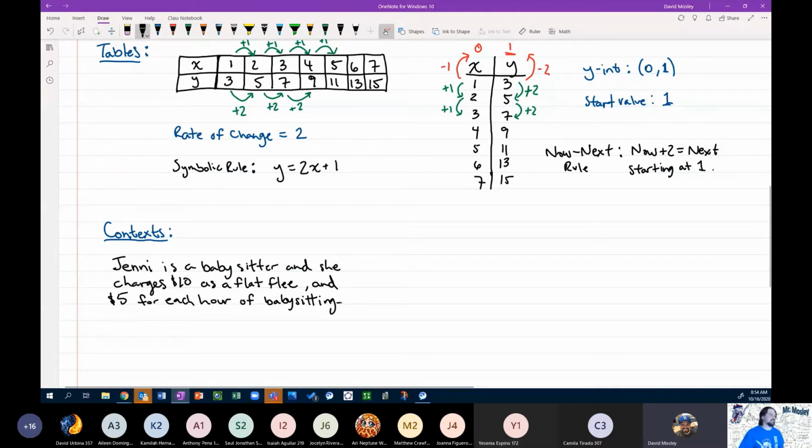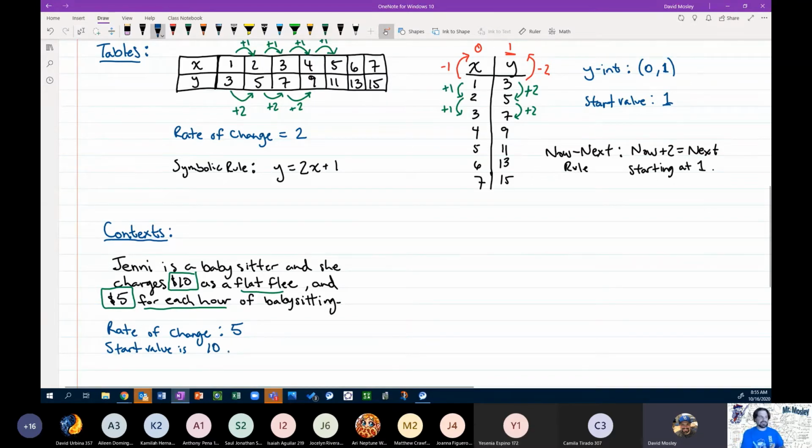Right. In this case, the $10, which is the flat fee, is a starting value, right? And the $5 for each hour is the rate of change. And our rate of change is 5, and our start value is 10.